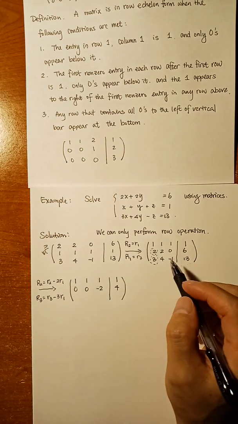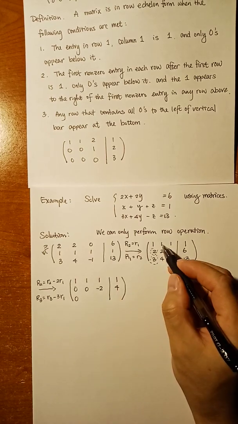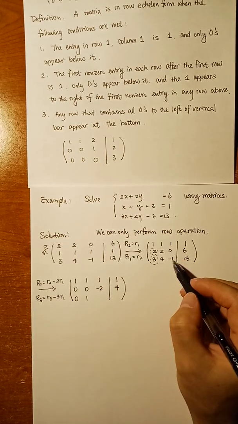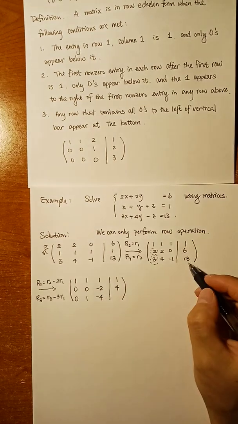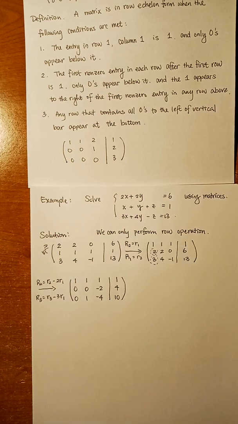So 3 minus 3, 0. 4 minus 3, 1. Negative 1 minus 3, negative 4. 13 minus 3, 10. So we have such a thing.